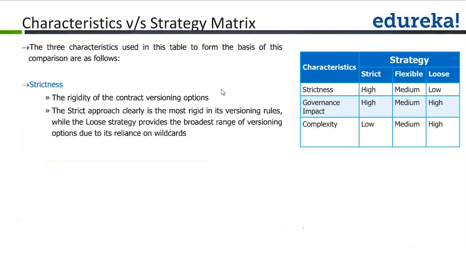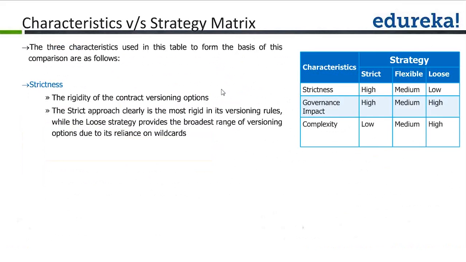So what these points are highlighting is strictness, I mean the rigidity of the contract versioning option. The contract is very rigid, that it has to be as it is decided and mutually agreed upon by the service provider and the consumer, right?